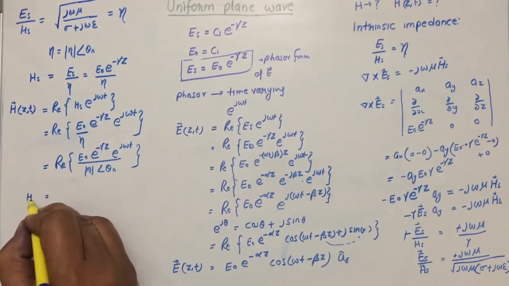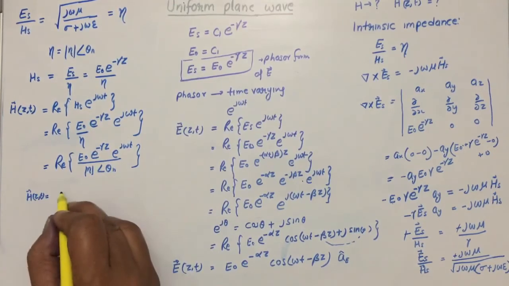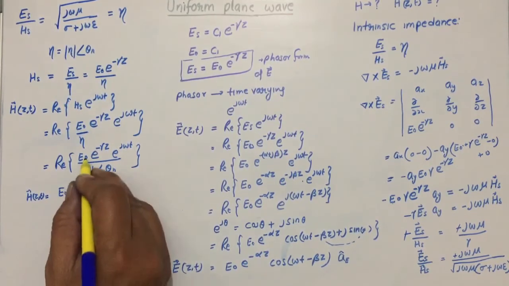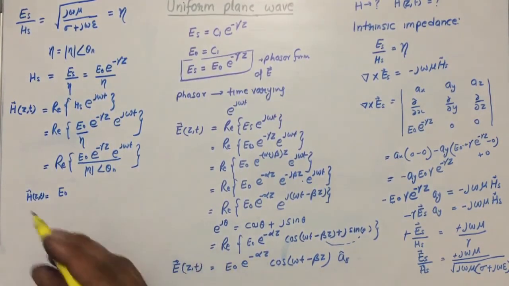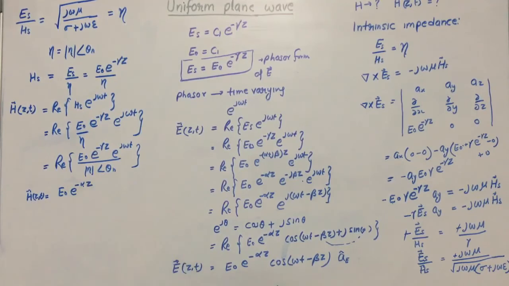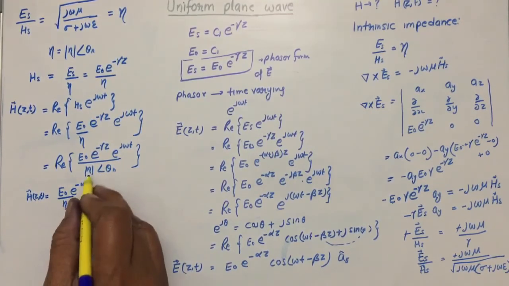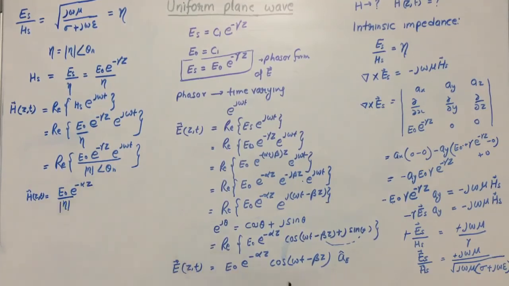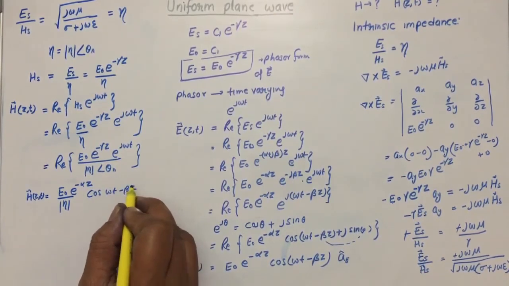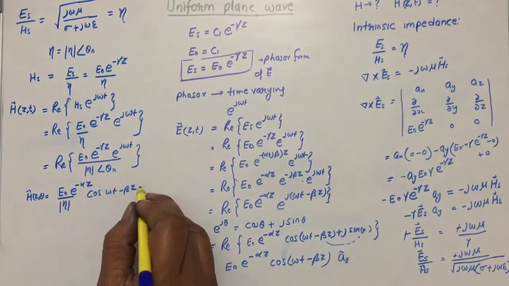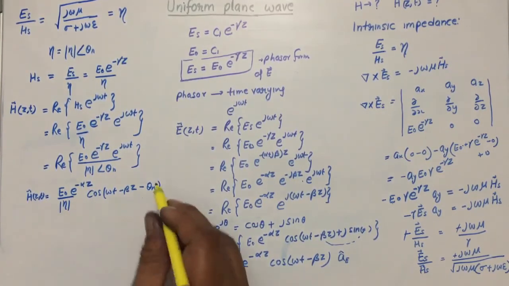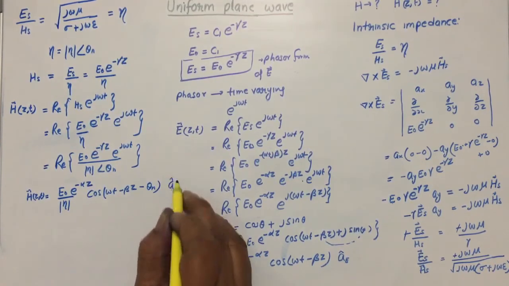So the final solution I am telling you: H is equal to E naught e to the power minus alpha z, with this additional term in the denominator, times cosine of omega t minus beta z, with lag theta n, in the direction of a_H.